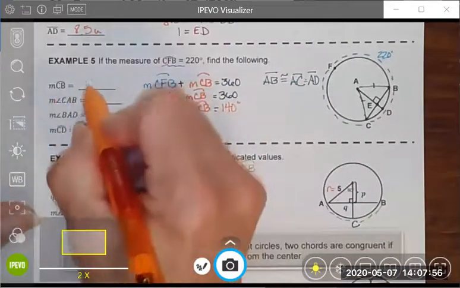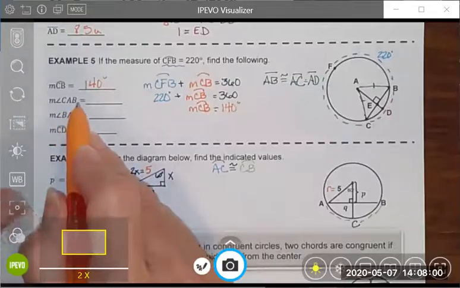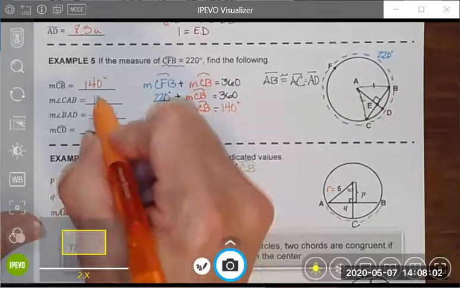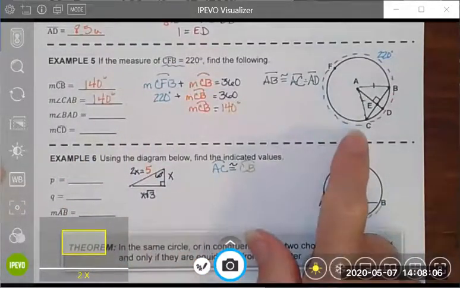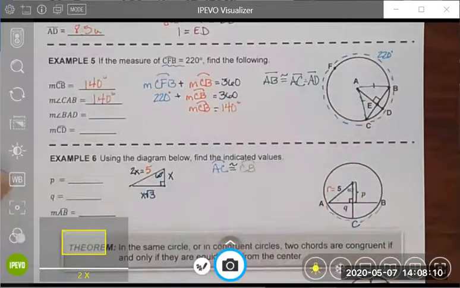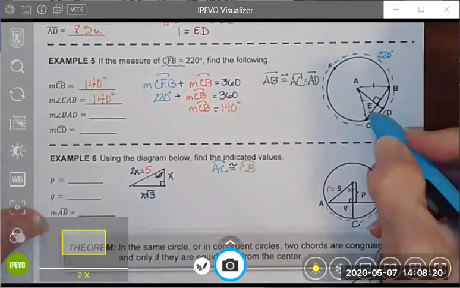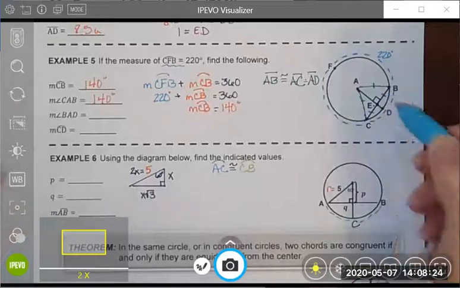So if arc CB is 140 degrees, then its corresponding central angle is also going to be 140 degrees. I know that because this is a perpendicular bisector, because it goes through the center, it is a diameter, then I can use my theorem to tell me that CE is congruent to BE.